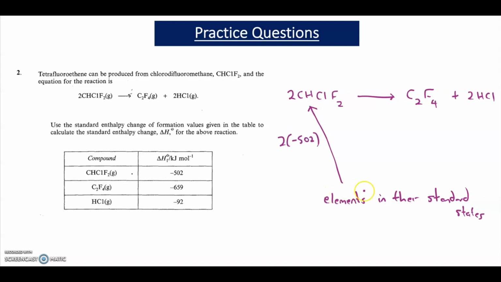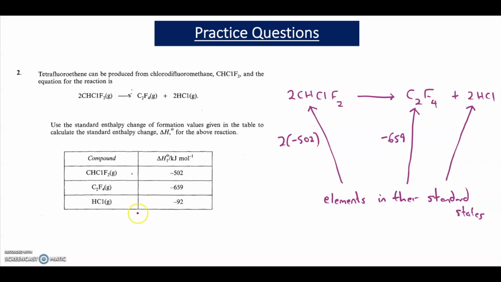So I'm drawing an arrow from elements in their standard states to CHClF2. And because I have 2 moles of CHClF2, it's 2 lots of the delta HF value that I need.